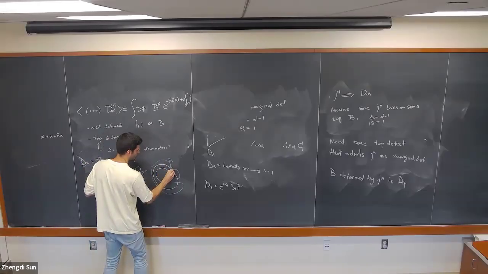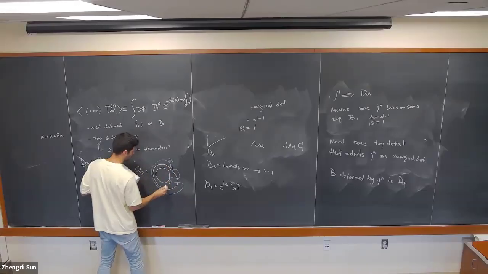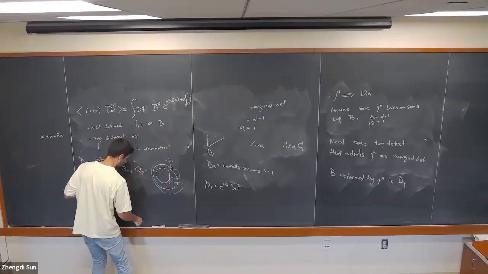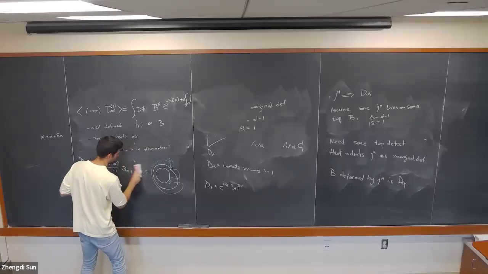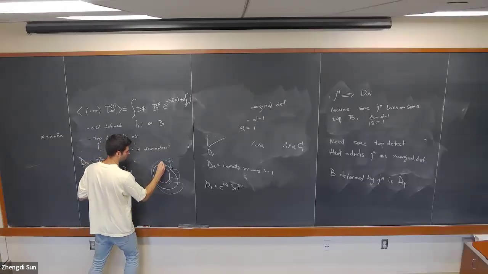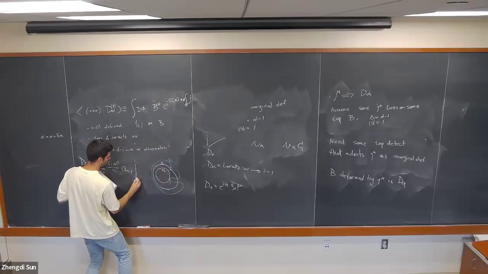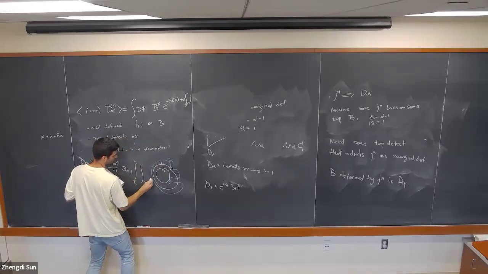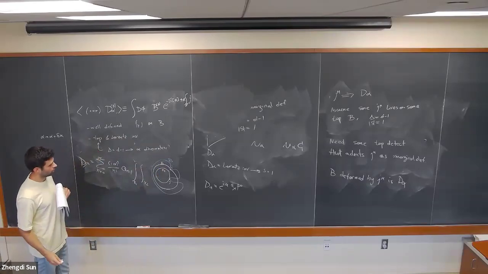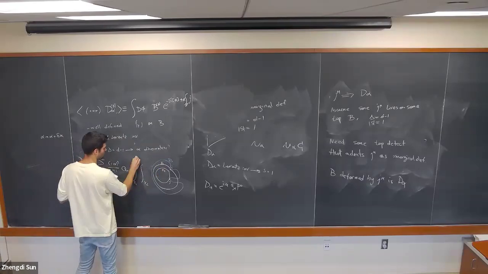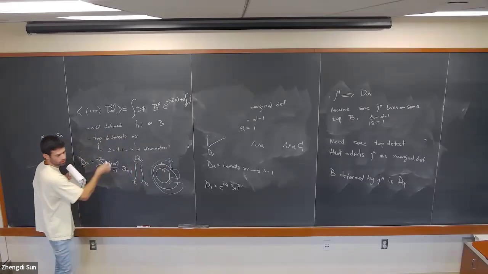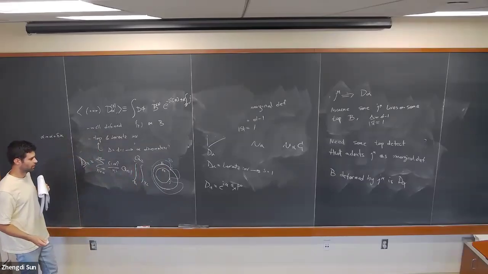Here, putting one current. Here, I'm putting another current. And I'm doing this is gamma 1. This is gamma 2. This is gamma 1. Gamma 2. This thing here. Okay. This is Q2, but it's the same drawing for any number of currents.